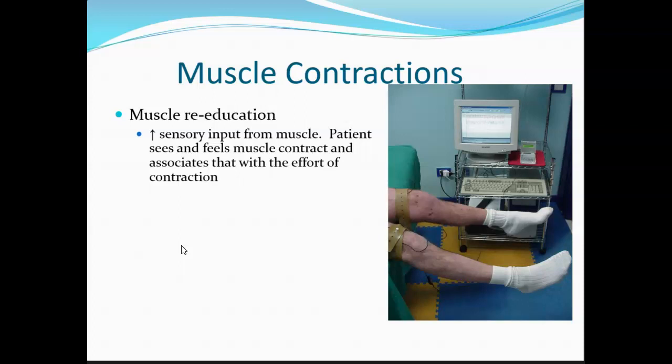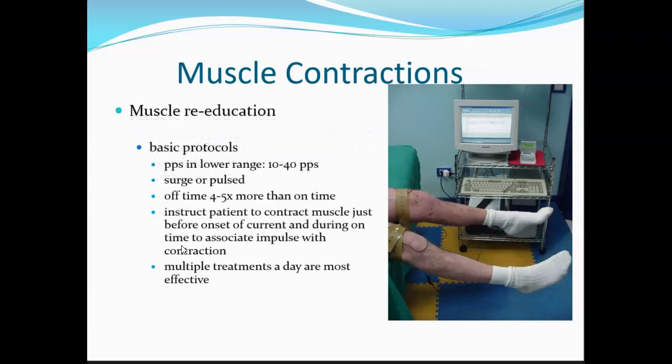Or you can let the E-stim contract, and then on the off cycle, the person tries to recreate that contraction. Either way is acceptable, and I've seen both, so just beware. We typically do it along with the stim here at our clinic. I think Matt still does it that way.